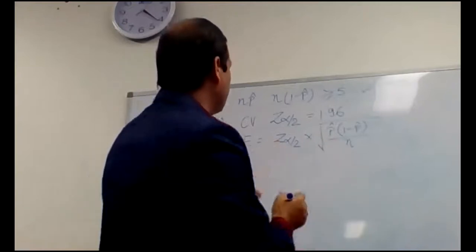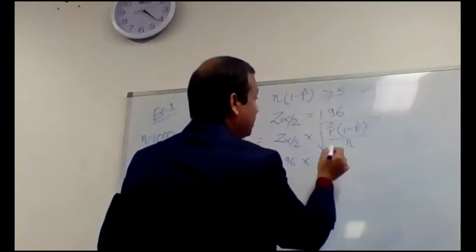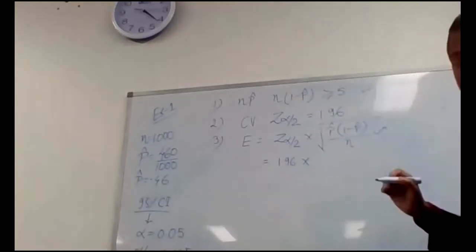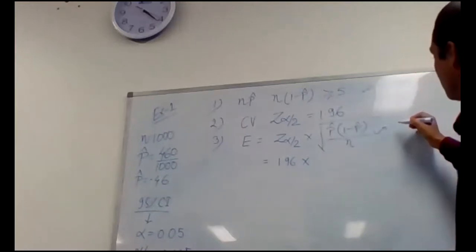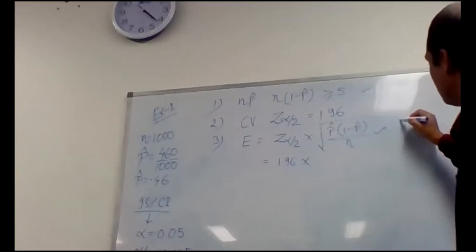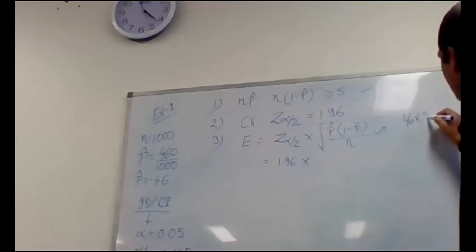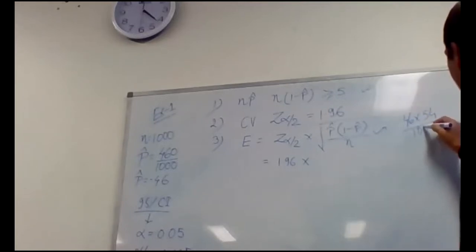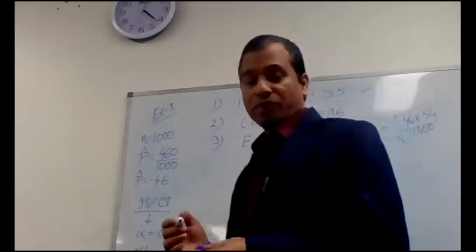Z alpha by 2 you have calculated as 1.96, and P hat, the sample proportion, we know is 0.46. So 0.46 into 0.54 divided by n, where n is 1000, under the square root. Try to solve this one.